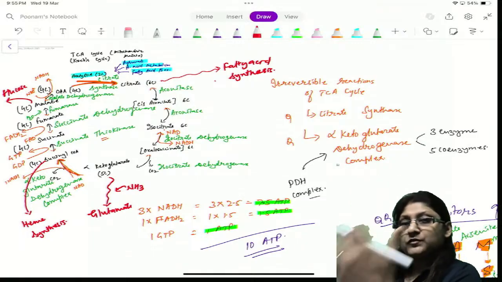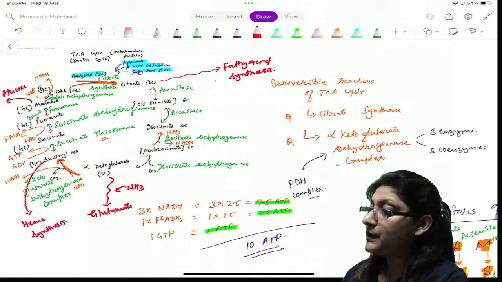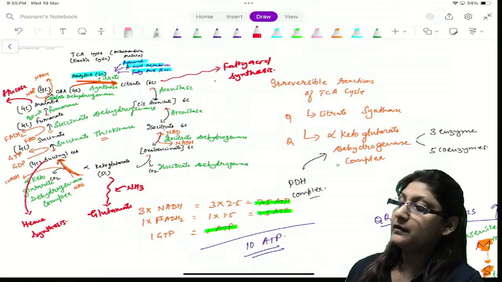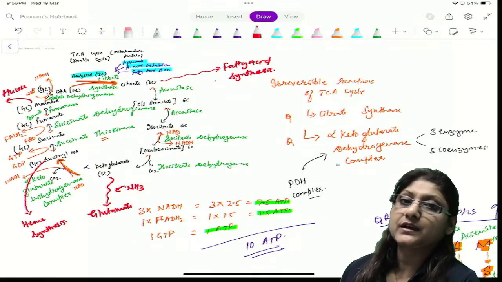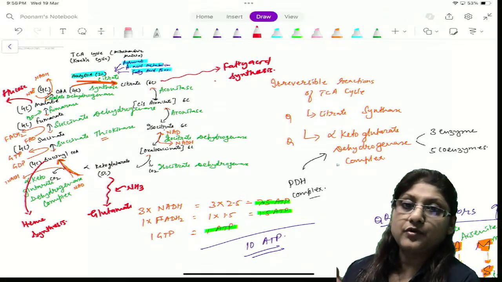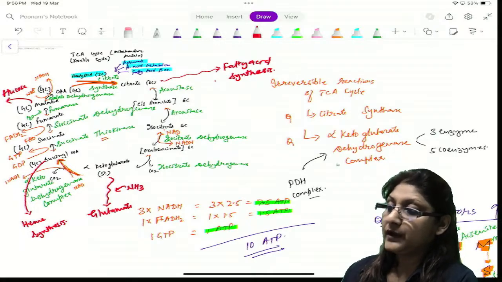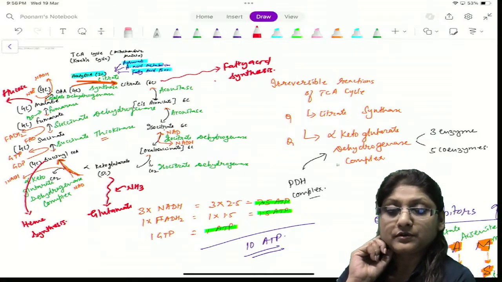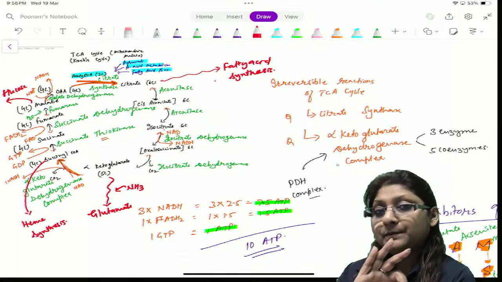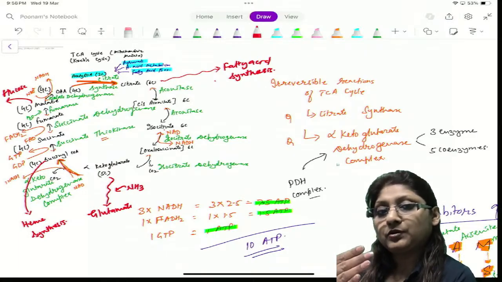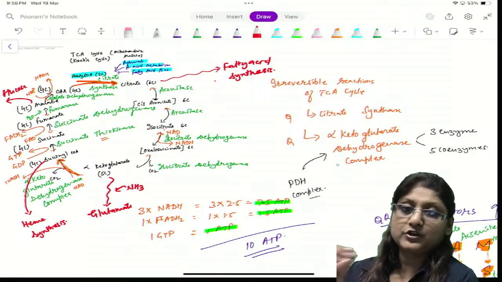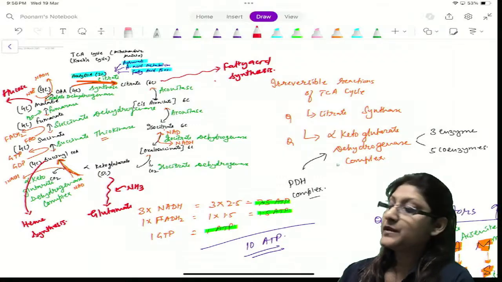But the ultimate purpose of the TCA cycle is to provide ATP. That's entirely a different thing, that some of the reactions of the TCA cycle are getting utilized for gluconeogenesis as well, which I'll be discussing in the next section. But the main purpose of the TCA cycle is catabolic reactions where the acetyl-CoA is undergoing catabolism.